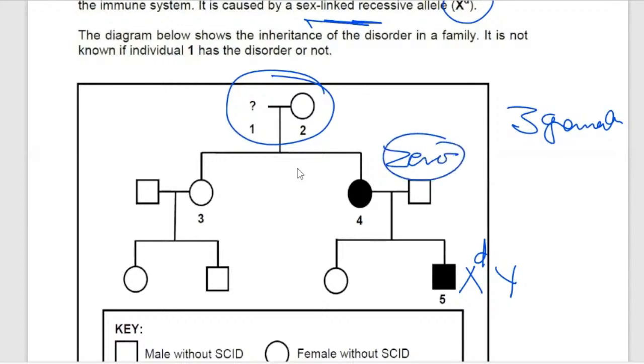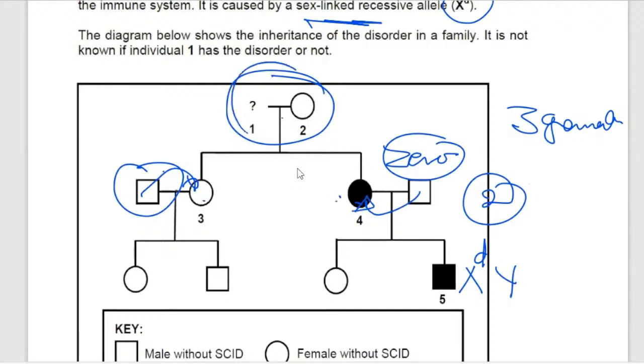How many kids are of 1 and 2? 2. Remember that this is not a kid of this. This one just came and married this daughter. And this one came and married that daughter. Therefore, there are 2 kids which are coming from these 2. Is it clear? You see that this thing is not linking down. Is it clear? Yes.